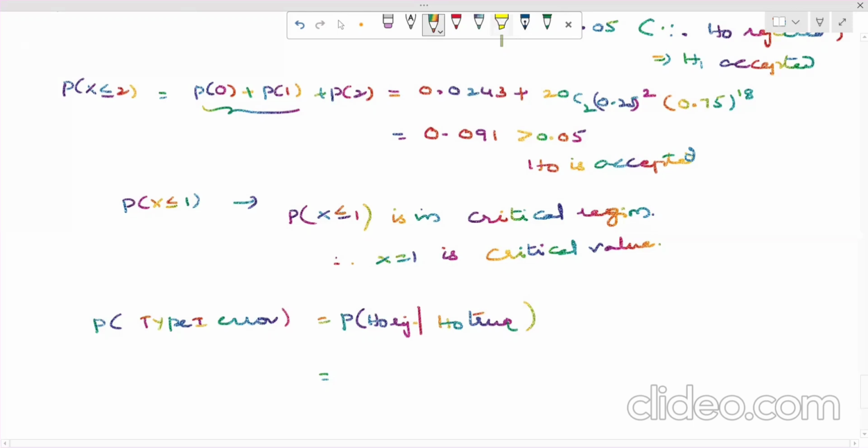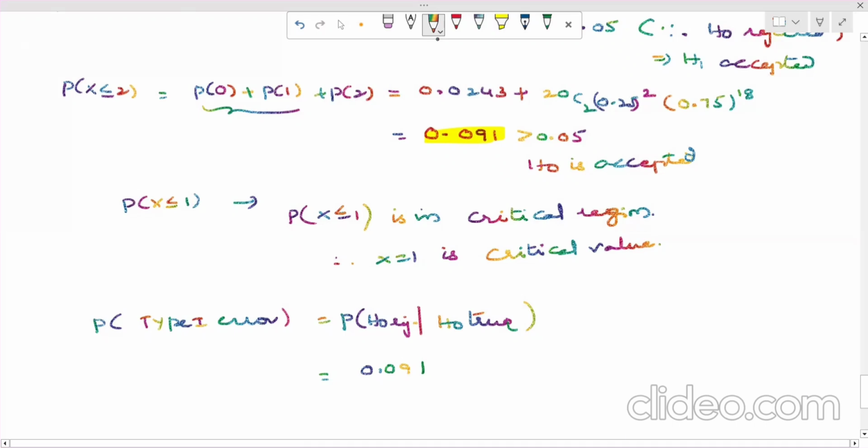So the approximate value here is 0.091. H naught, the true null hypothesis, can be rejected over here.